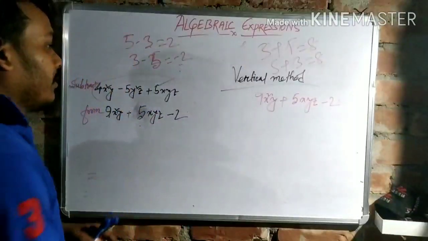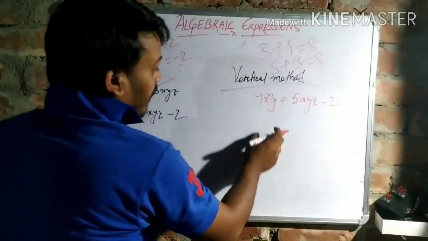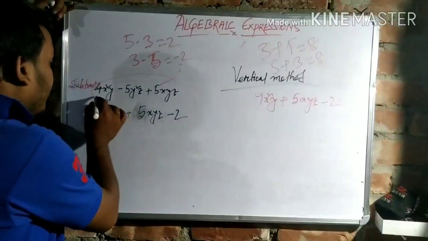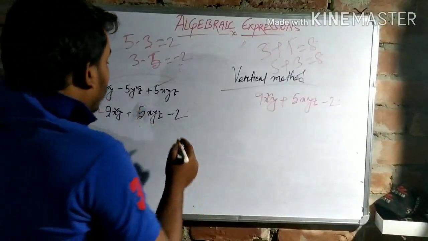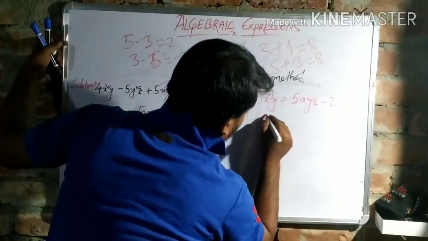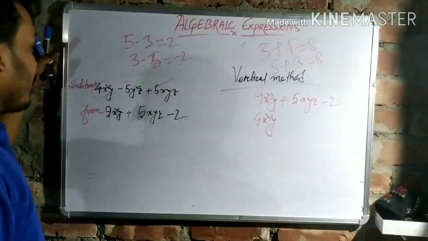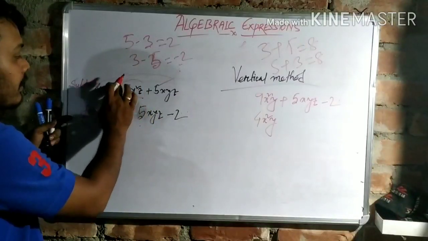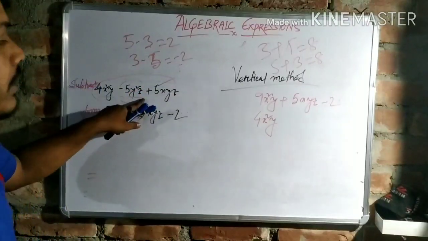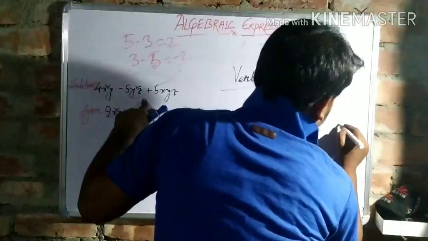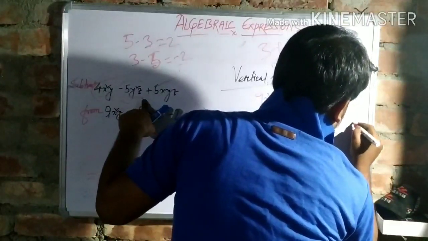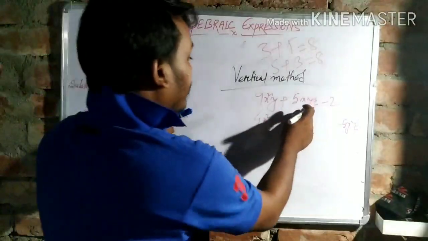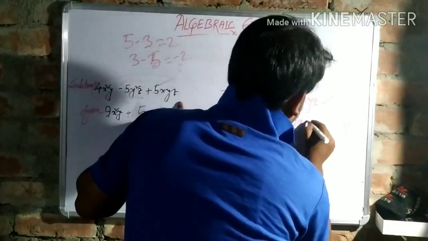Similarly, in the x square y column we write the like term of x square y. 9x square y, and 4x square y is the like term, then 5xyz. Or if we take from this expression, then the second value is minus 5y square z. Y square z is not there, so we write 5y square z at the last, and the third value is plus xyz. So xyz here also, so plus 5xyz.